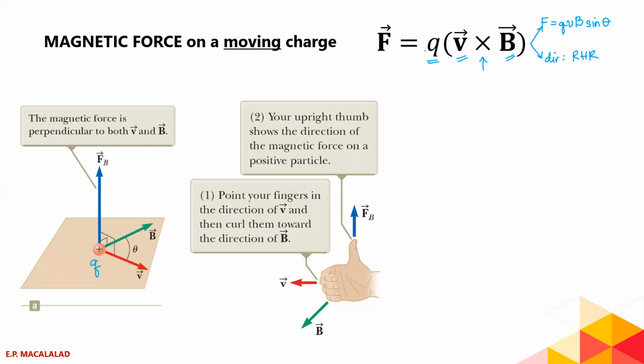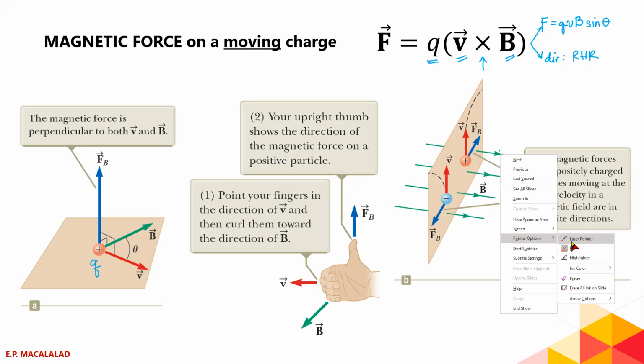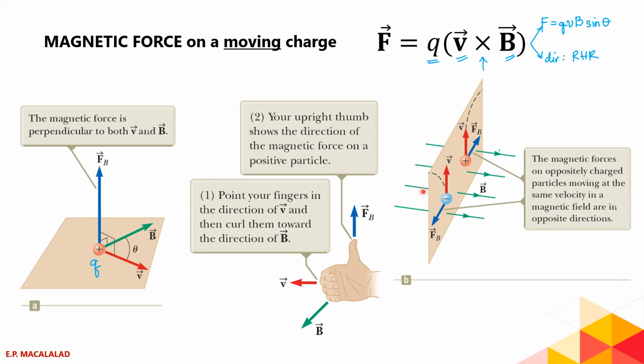Whatever the sign of the charge is will also have an influence on the direction of the resulting magnetic force. For example, if we have this magnetic field line configuration, this is an example of a uniform magnetic field. Parallel magnetic field lines, just like what you saw earlier.